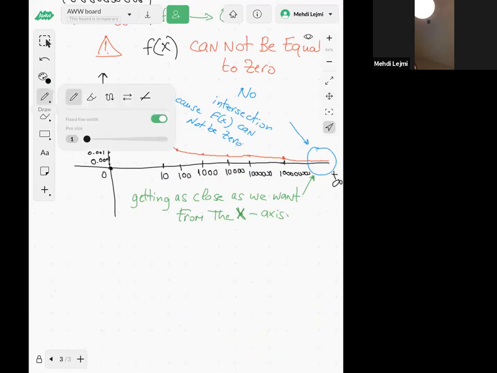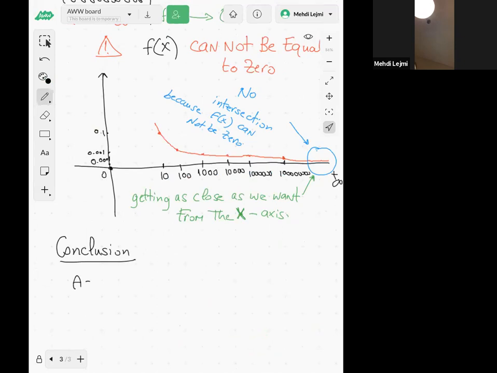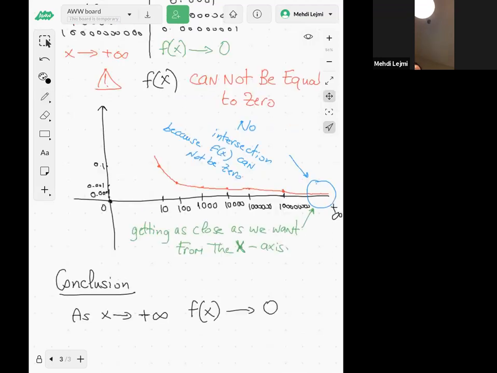So the conclusion is that as the values of x approach positive infinity, the values of the function f approach 0, right? That's what we said from the table.